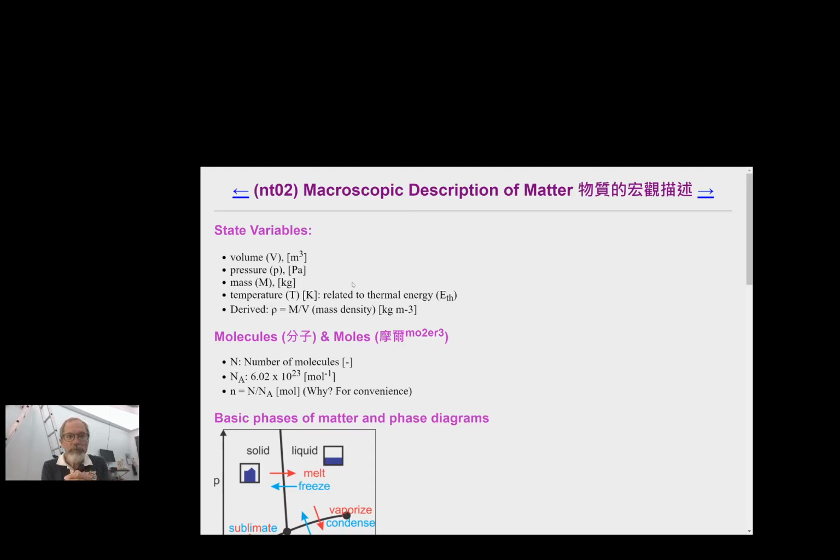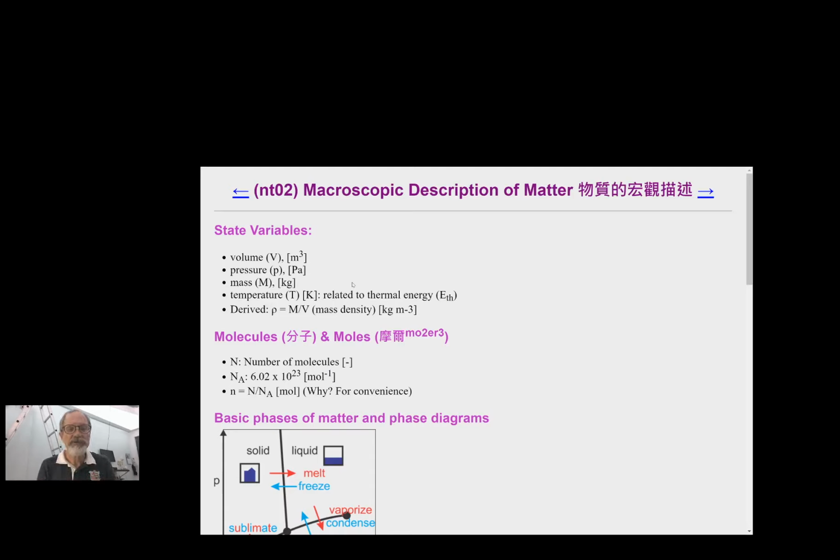But now we're trying to look at macroscopic things. Real things have volume. They have a specific size. If it's a gas, it has a pressure. Of course, it has a mass, which we've already discussed, and everything is at a certain temperature.